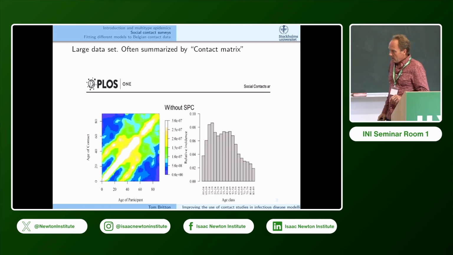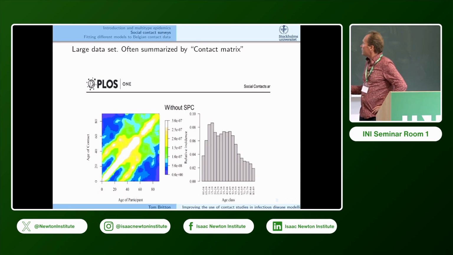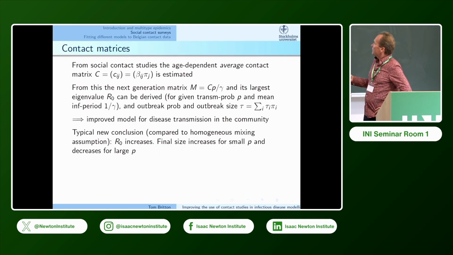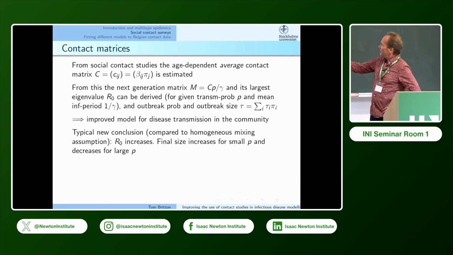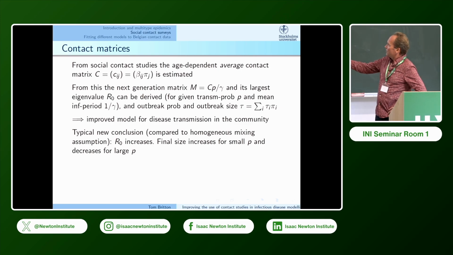Okay, so this has been used for quite a long time now, 15 years or so. The way to summarize the data is that you compute the average number of contacts that I individuals have with J individuals.